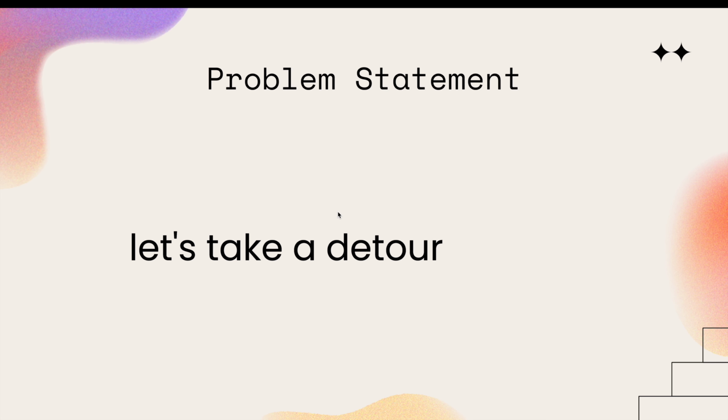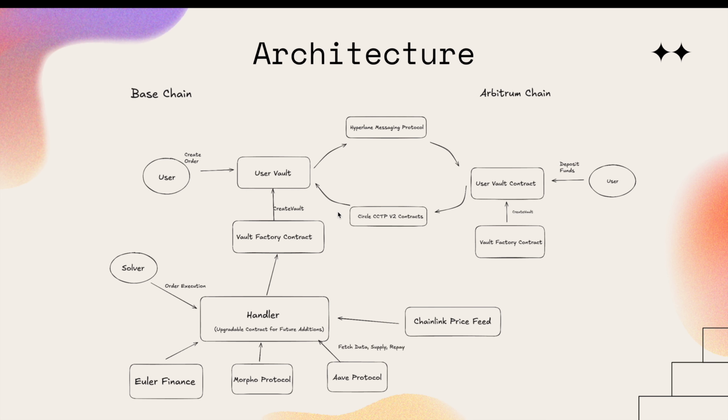So I just gave you a quick glance of the problem, and let's see how it works. A user would create a vault, let's call it a user vault, and place an order. The order consists of parameters such as which loan position you want to evaluate and how much money you want to deposit.